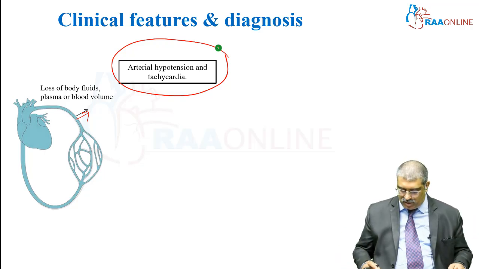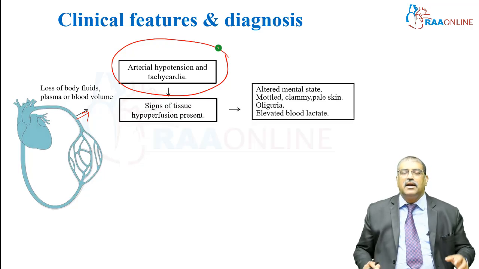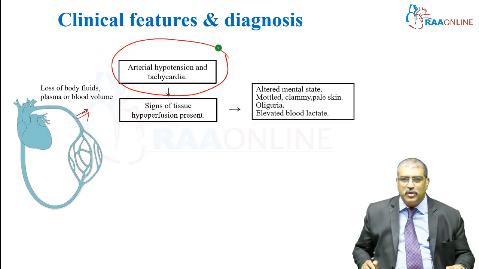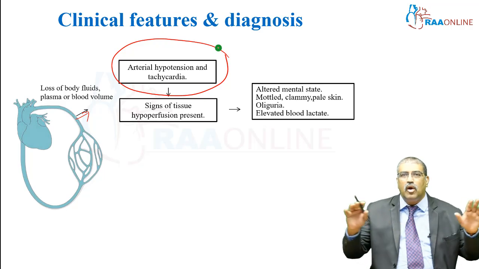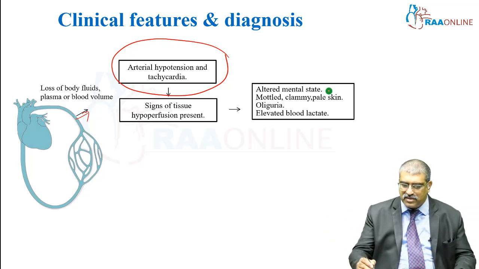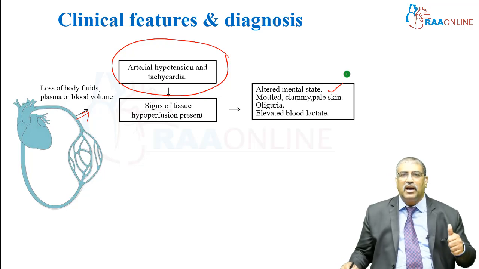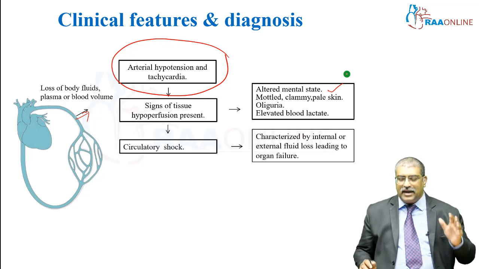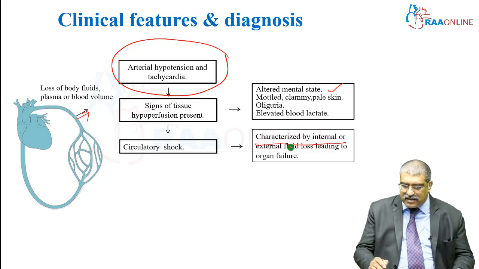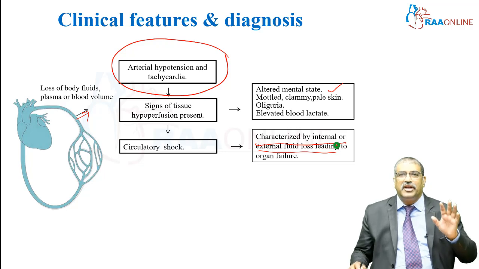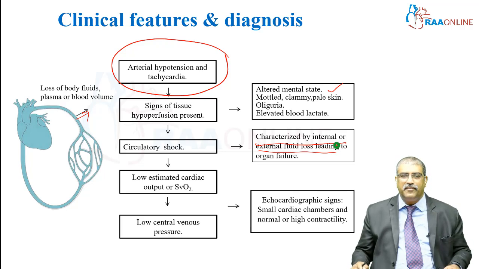As a compensation, you are going to have tachycardia, and there are signs of tissue hypoperfusion, which is very similar to all shock. Altered mental state, mottled, clammy, pale skin, oliguria and elevated blood lactate. And it is characterized by external or internal fluid loss leading to organ failure.